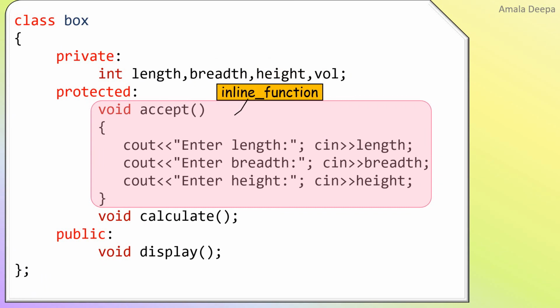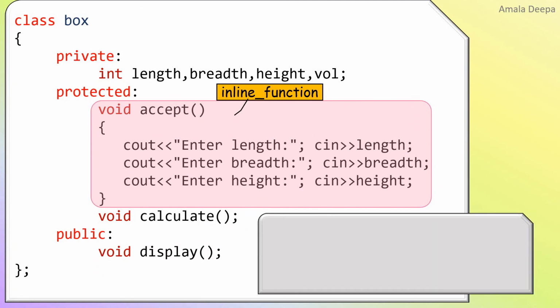I can also define a function outside the class. For example, to define the calculate function outside the class, you have to follow this method. In the function header, in front of the function name, you have to insert the class name and scope operator.